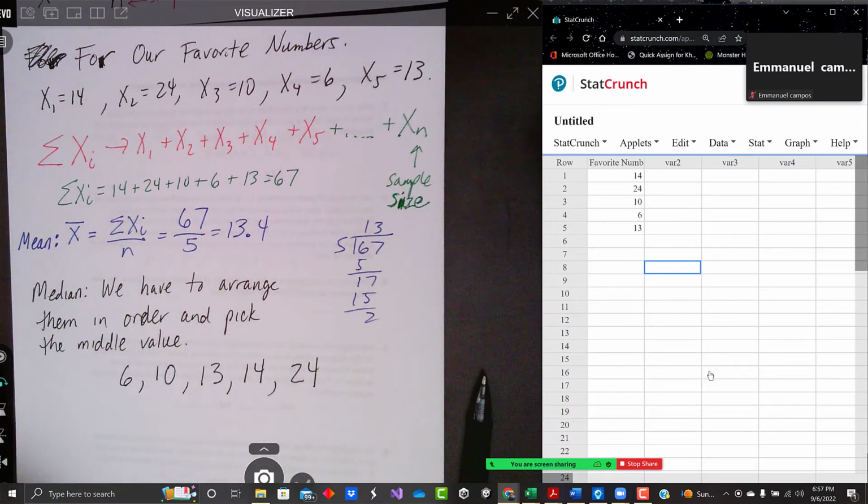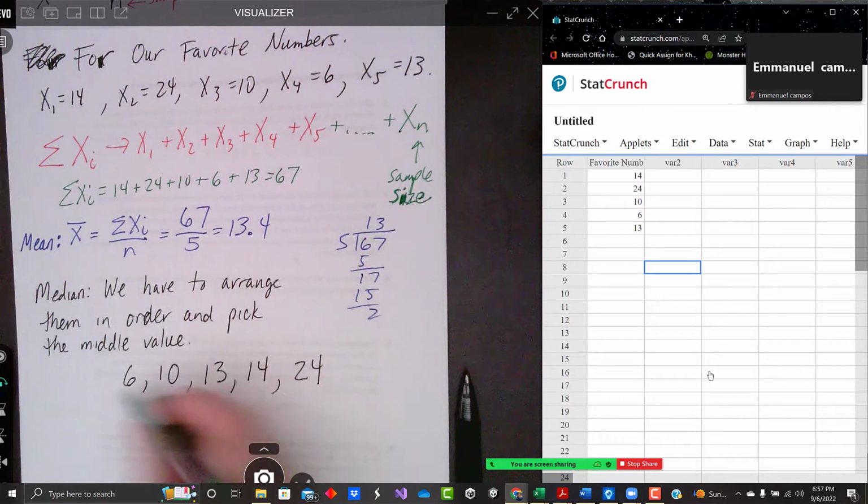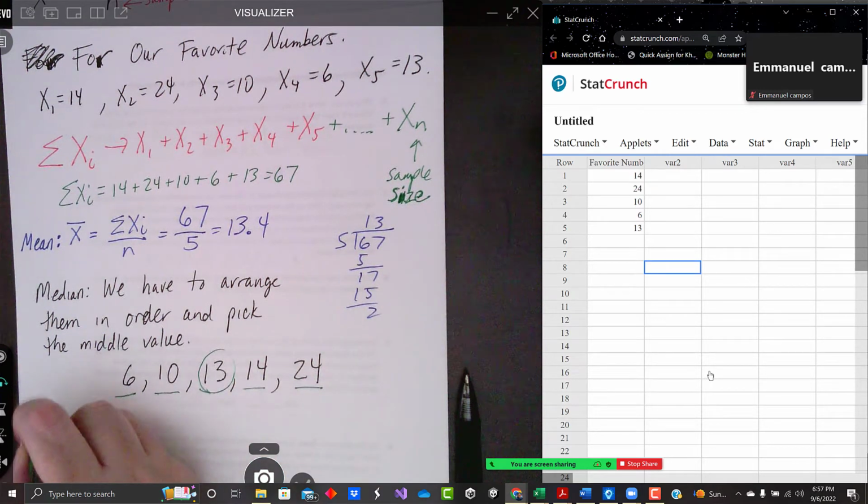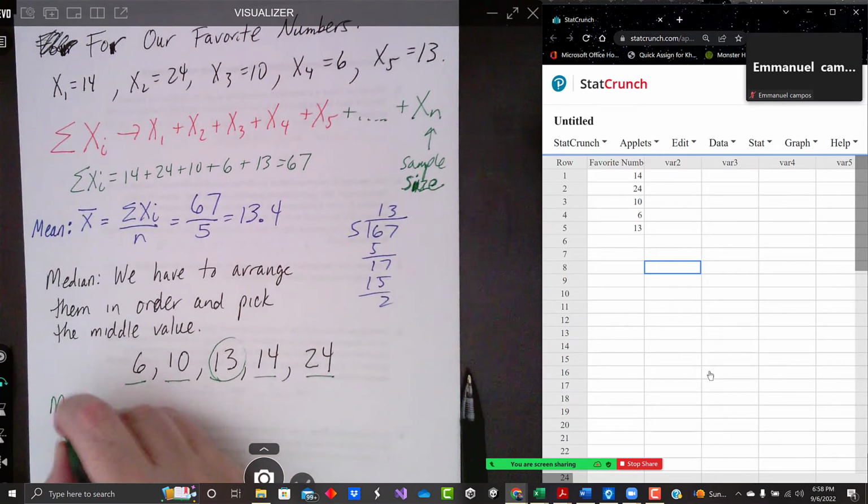One of the easiest ways to do it is just go inward. Those cancel out, those cancel out. The middle one is right there. The median value is 13.